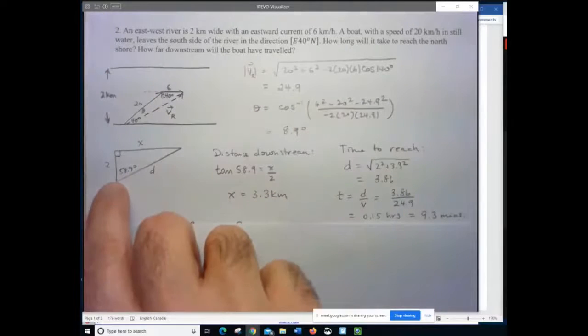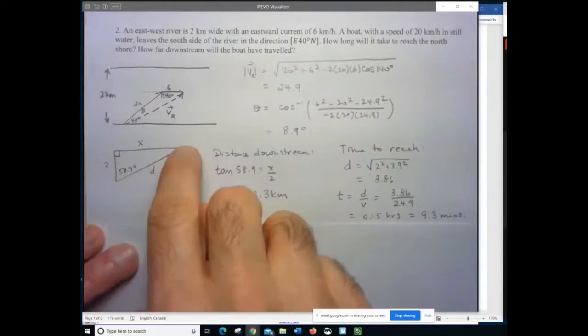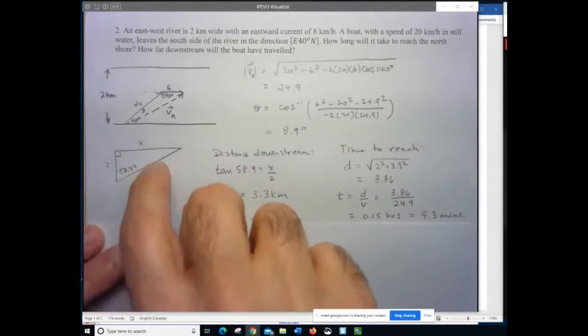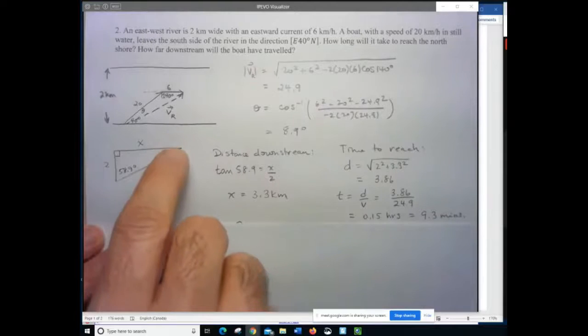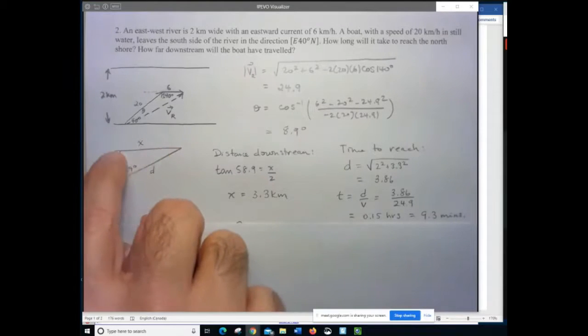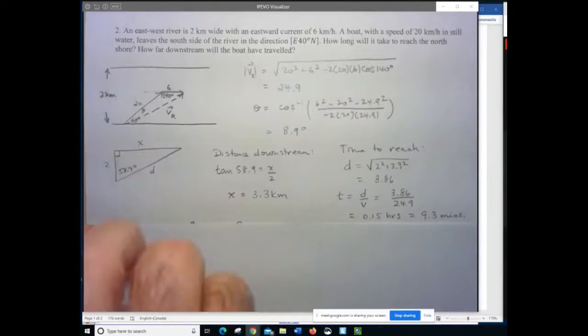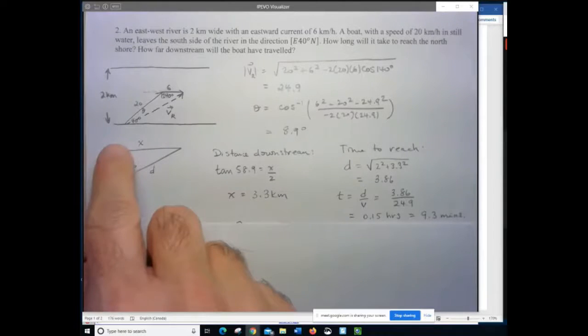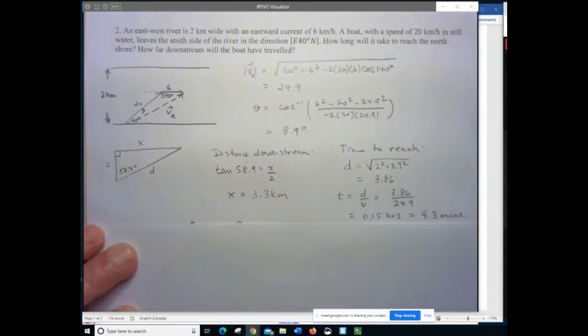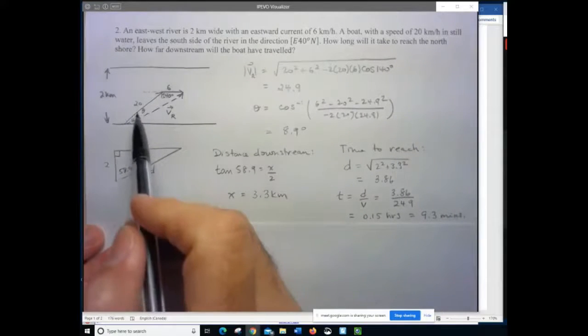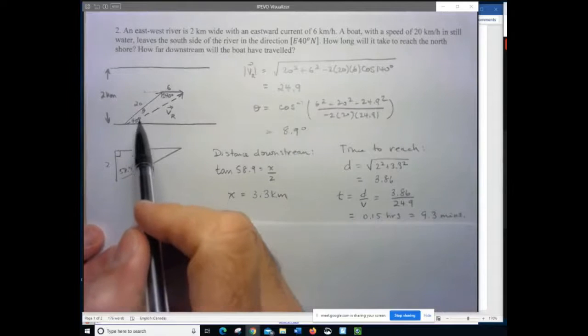So if this is where they start on the South Shore, that's where they end on the North Shore. That's the direction of motion, so that's the distance they travel in the water. But what I'm looking for is how far downstream, so I'm looking for this length here. I know the two. Now, how did I get this angle of 58.9? Well, I said this angle here is 40.